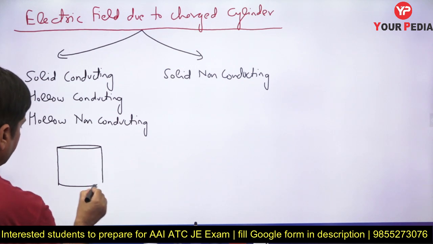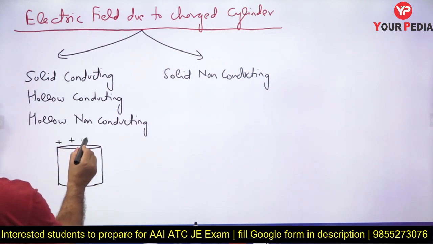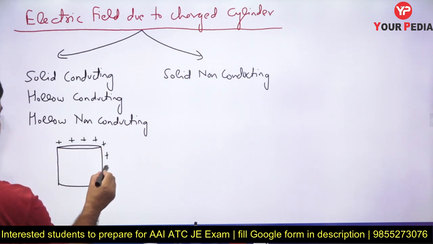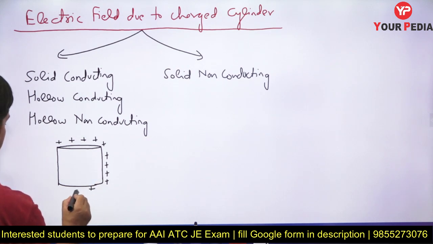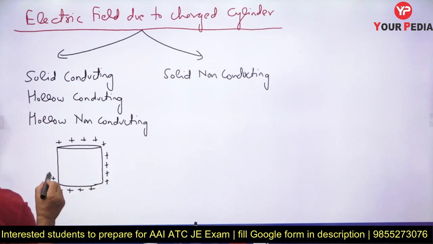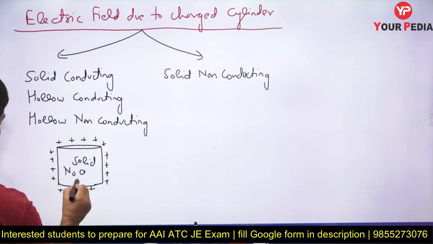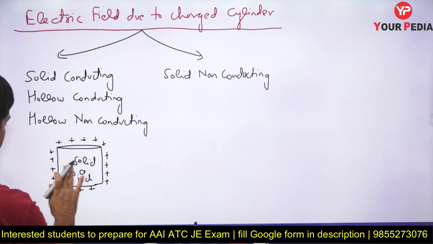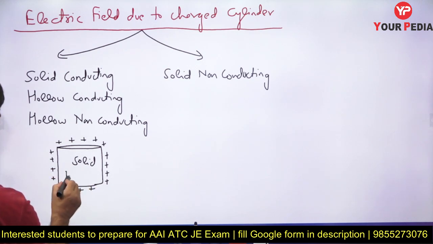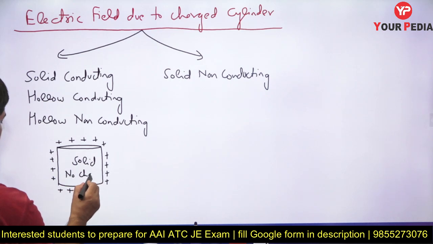It's a solid cylinder but conducting, so the entire charge goes on its surface. This is solid, no charge inside. So there is no charge inside the solid cylinder because the entire charge goes on the surface.